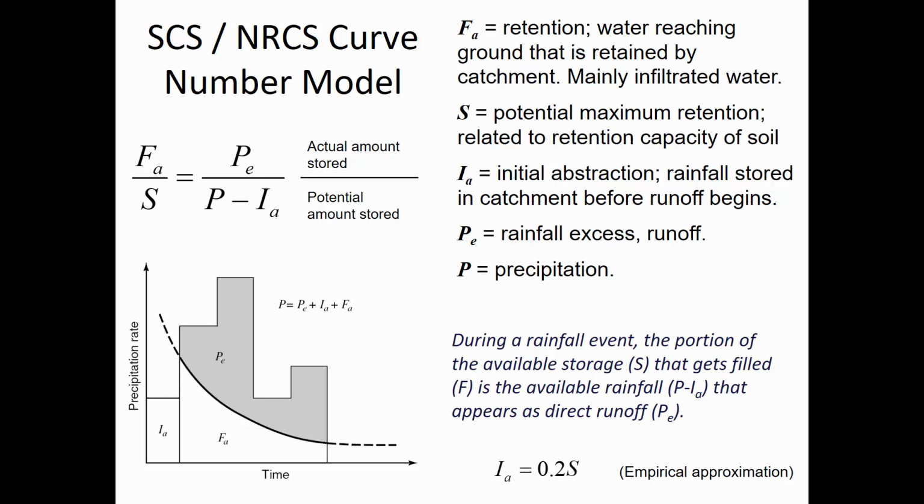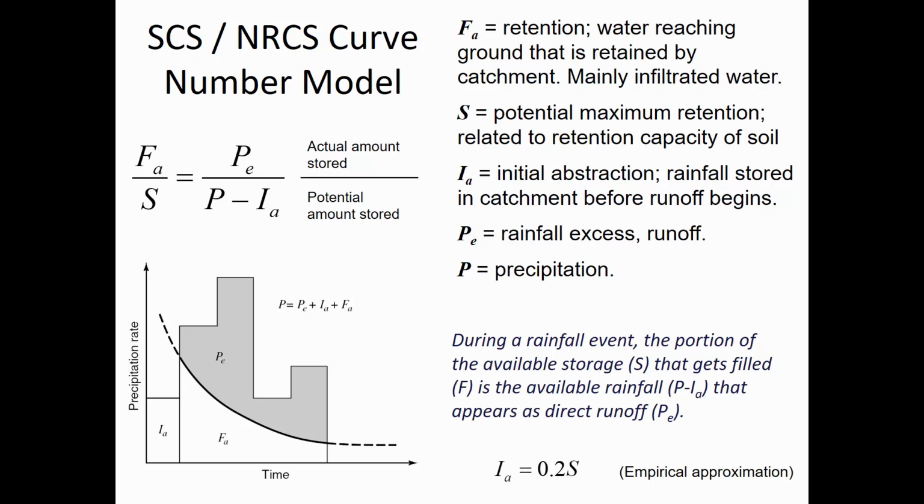Now, we said that in this conceptual model, the first thing that's satisfied is the initial abstraction. Before there's any runoff, there has to be the initial abstraction. And it turns out that that's really tricky to characterize, because you think about all of the things that we lumped into the initial abstraction: there's the evaporation, which we kind of ignore, and there is the surface wetting, the wetting of plants and tree leaves, and that varies seasonally, of course.